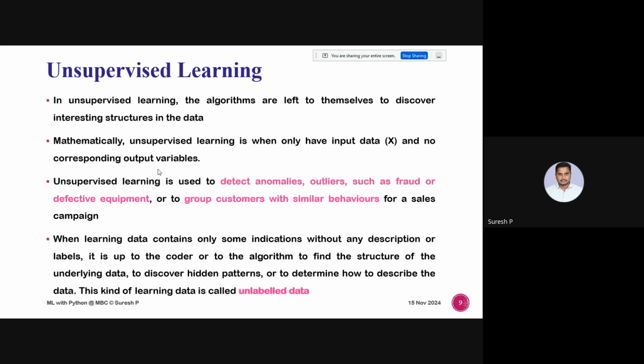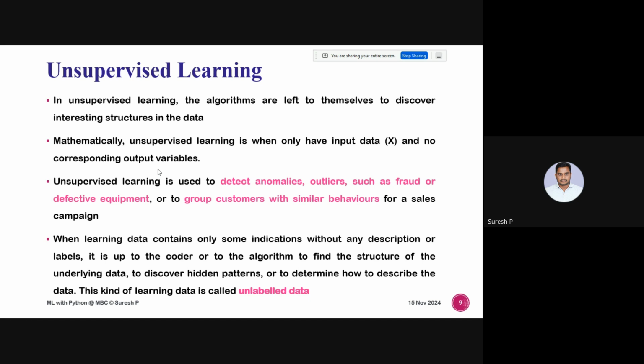No one will guide it, as there is no outcome variable. So the algorithm itself has to identify, from only the input variables, what is behind the data and what the hidden pattern is.